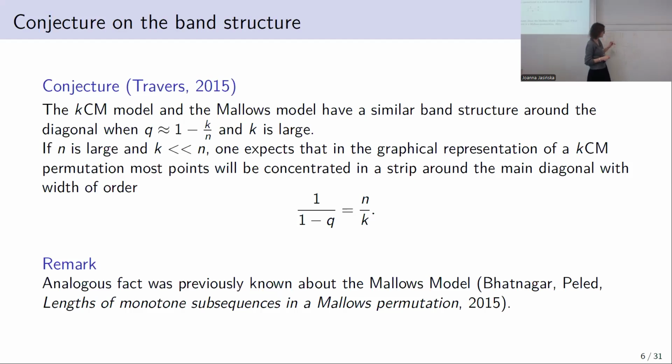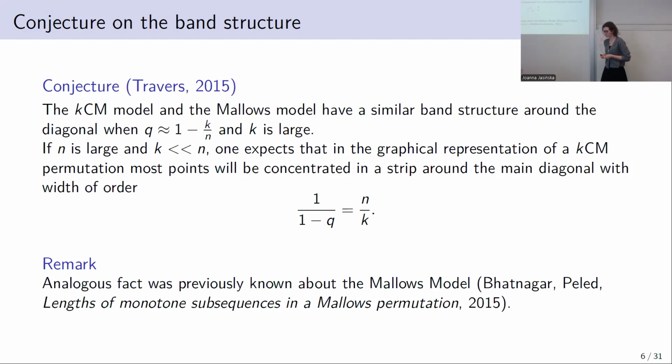And it turns out that most of those points will be concentrated in a tube. And this tube will be the same. Of course, it will depend on the parameters, but if we choose the parameters properly, then most of the points lie in a tube around the main diagonal with a width of order 1 over 1 minus q, or n over k.